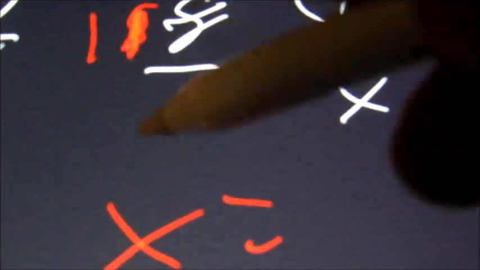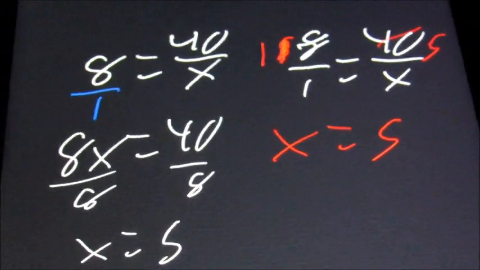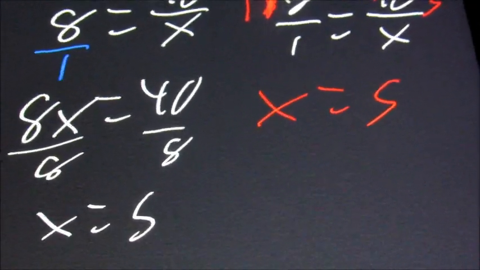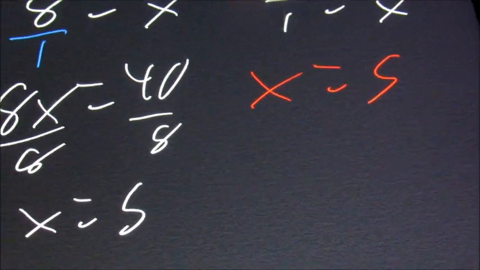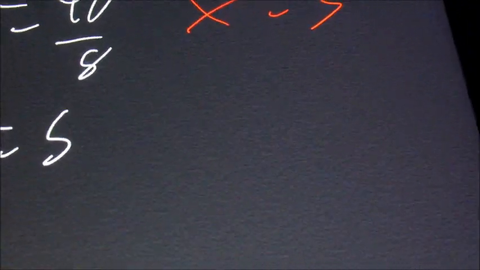So now we have 1 times x is x equals 1 times 5 is 5. And we have the same answer either way. So you can simplify if it makes it easy. On the tests, look to see what numbers there are, and if it's easy to simplify, then do so to make your numbers easy.